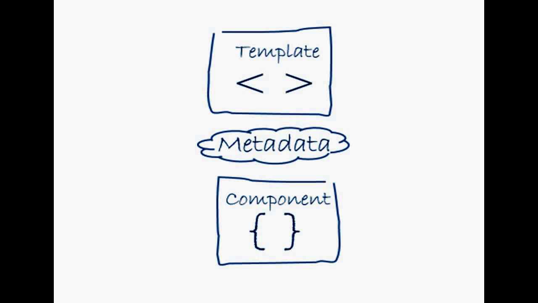So how does that class identify whether it's a component, a directive, or a router? In a component, the template and component are attached, or glued, by metadata. The metadata tells whether it's a component, a directive, or something else.